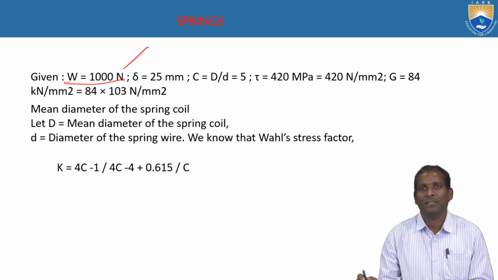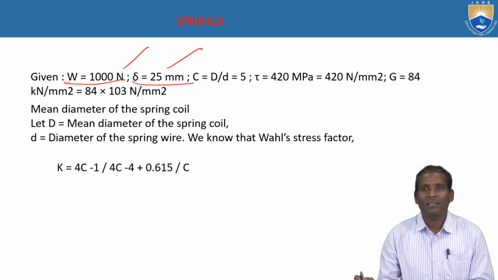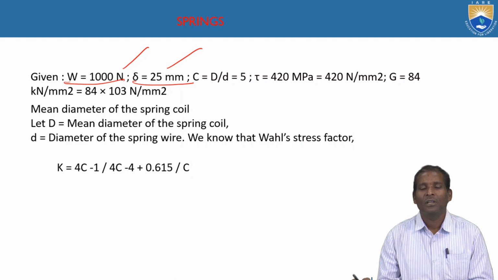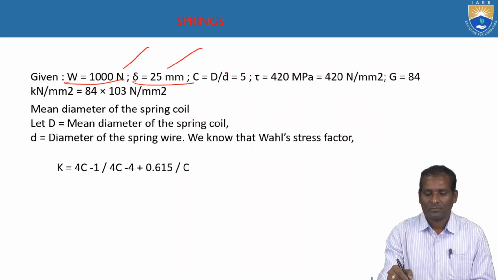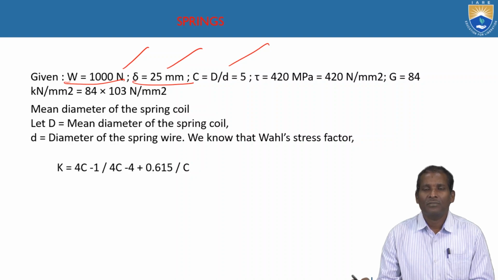C is the spring index, the ratio of mean coil diameter to wire diameter, which is 5, and the shear stress is 420 megapascal.